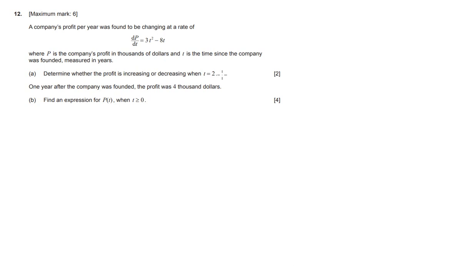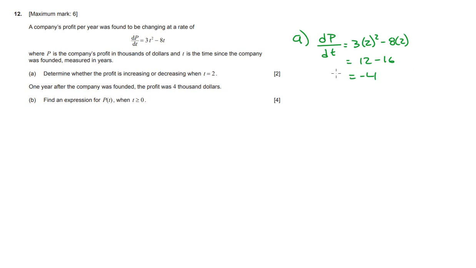Okay, so really all we're going to want to do is simply plug in 2 for t and see what happens. So for part A, dP/dt is going to equal 3 times 2 squared minus 8 times 2. So 2 squared is 4, times 3 is 12, minus 8 times 2 is 16. We get negative 4.